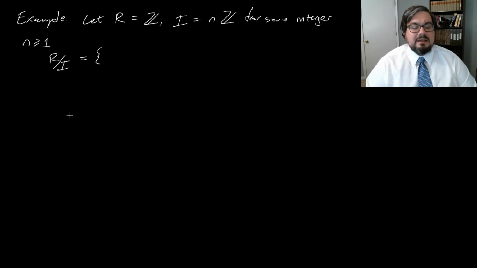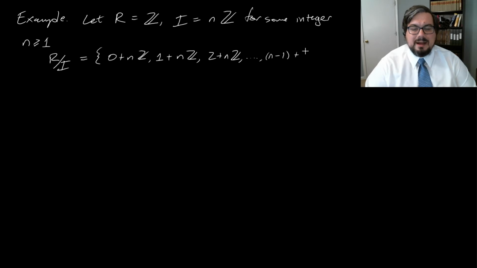Now, by definition, it's going to be the set of all the cosets of the ideal I, which we write as nZ. Now, we can start writing out some of these cosets. We've got the coset with representative 0, the coset with representative 1, coset with representative 2, or plus nZ, etc., etc. We've got the coset with representative n minus 1.